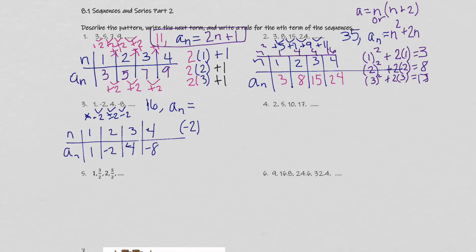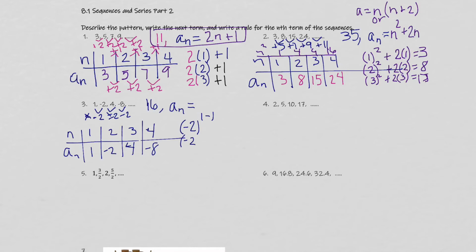That would give me negative 2, but I need to make sure that gets to be 1. When I'm working with exponents, if the exponent was 0, I would always get a 1, right? So let's try that.